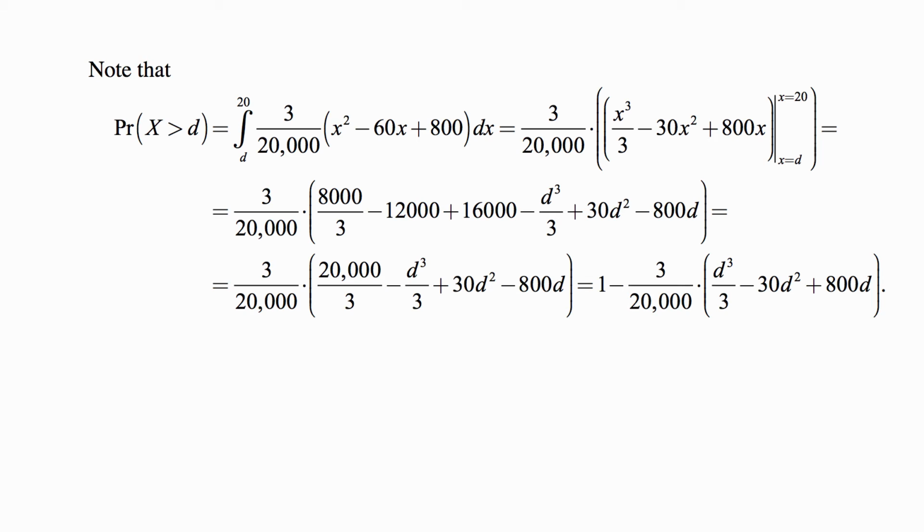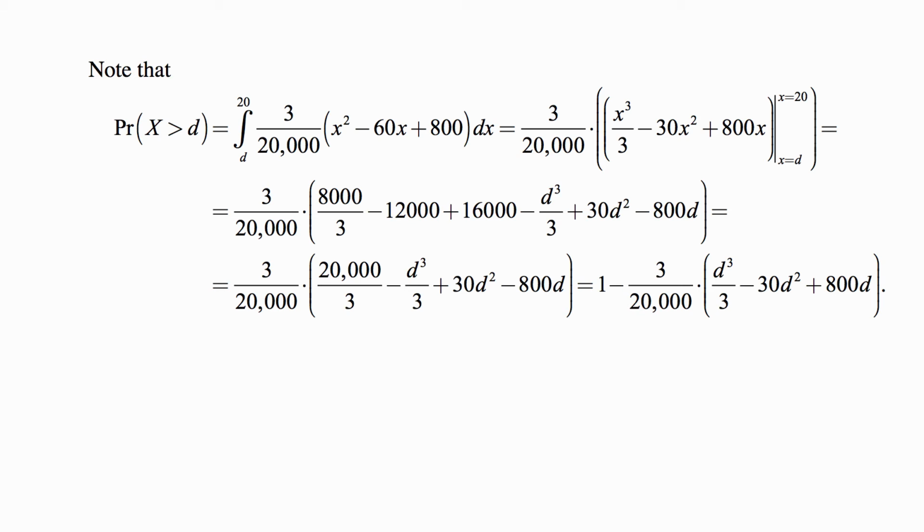Of course, if d is more than 20, then that probability is equal to 0, because the largest possible value is 20 in this probability distribution. So we also assume, not written out, that d has to be less than 20.